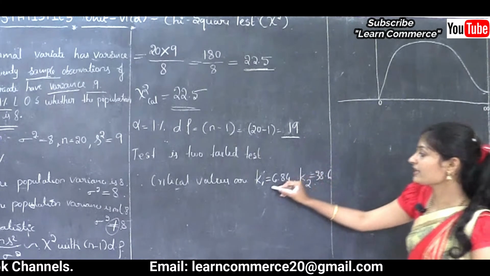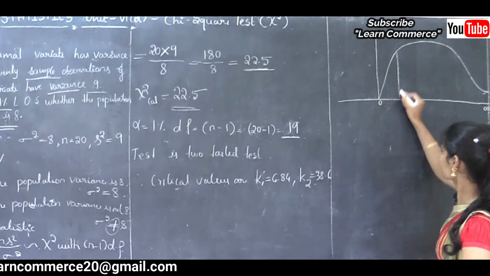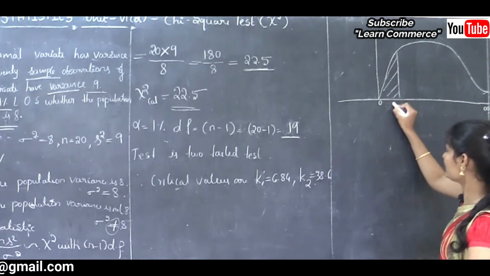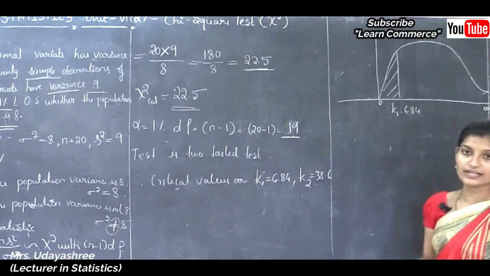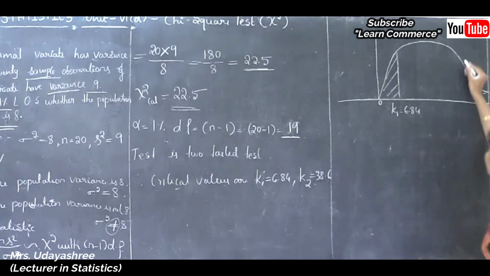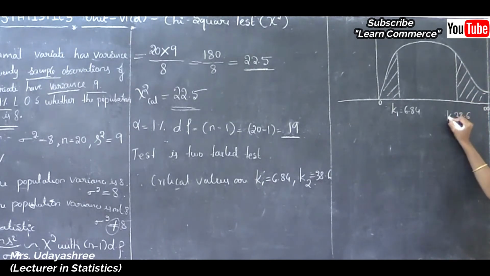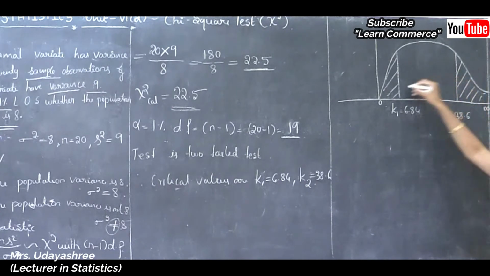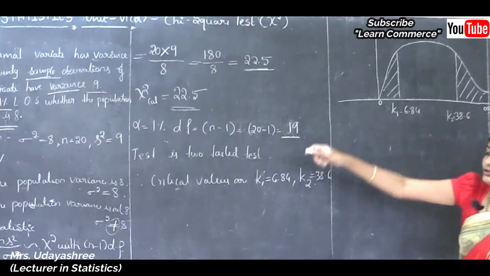Here K1 value is 6.84 and this is the K2 value, 38.6. This is a rejection region and this is a rejection region, and this is the acceptance region because it is a two-tailed test.